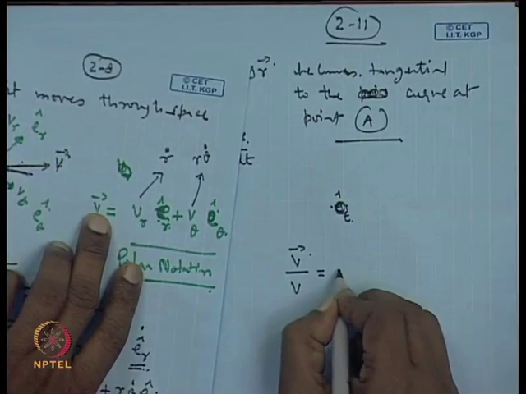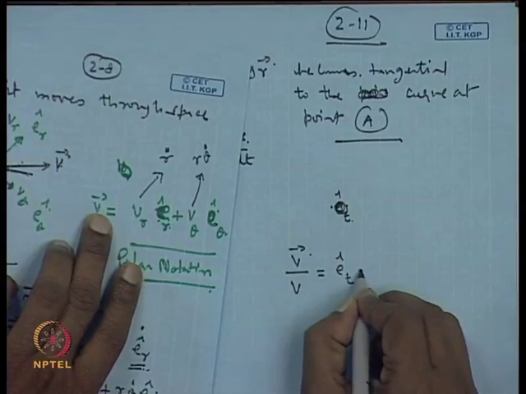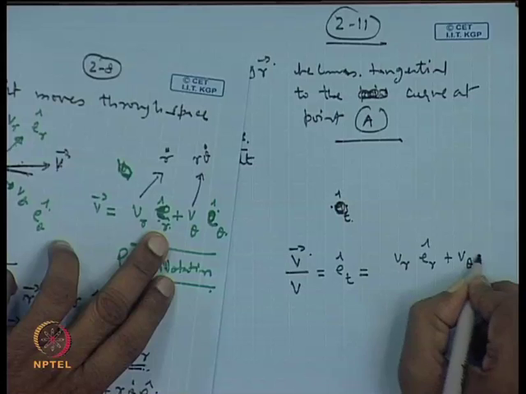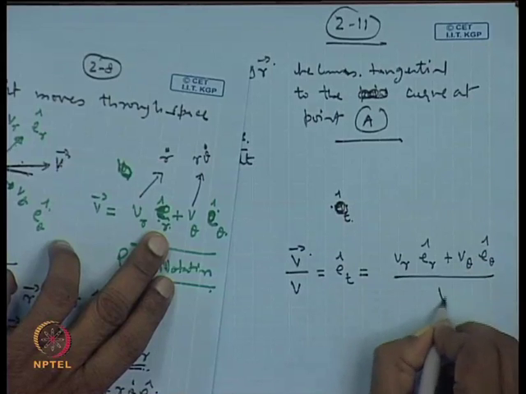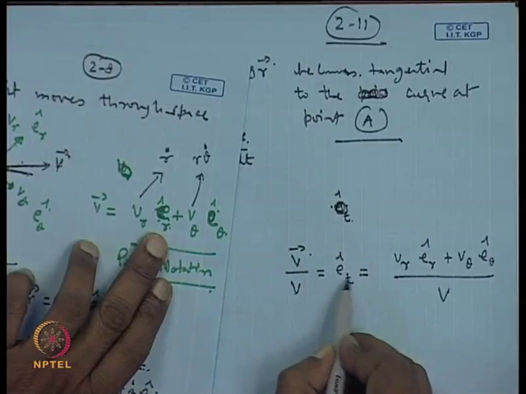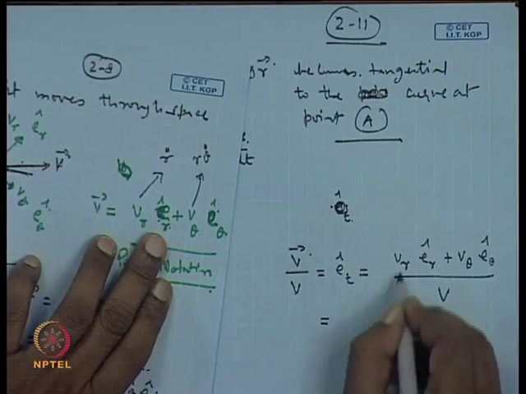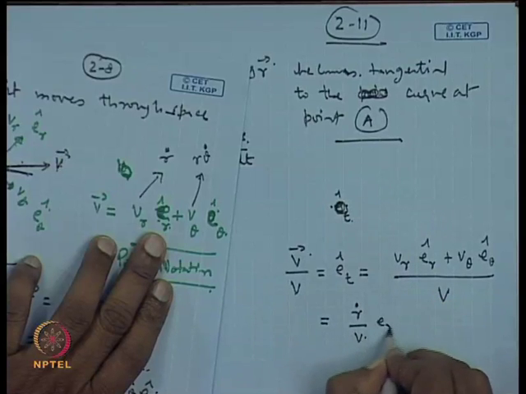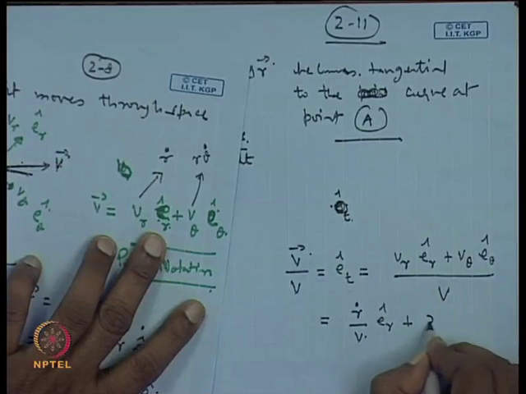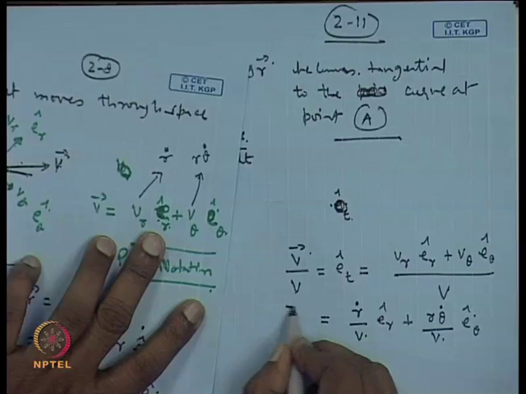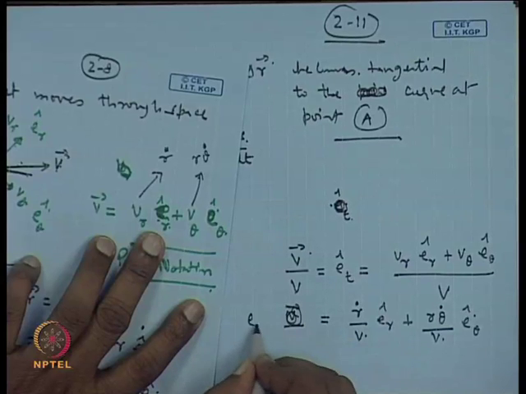This will give the unit vector in the direction of t. So, this will be v r e r cap plus v theta e theta cap divided by v, because this is the magnitude. In this direction this is the E t vector, and v r we have written as r dot. So, this is r dot by v e r cap, and v theta we have written as r times theta dot. So, this is divided by v e theta cap. So, this is your E t vector.